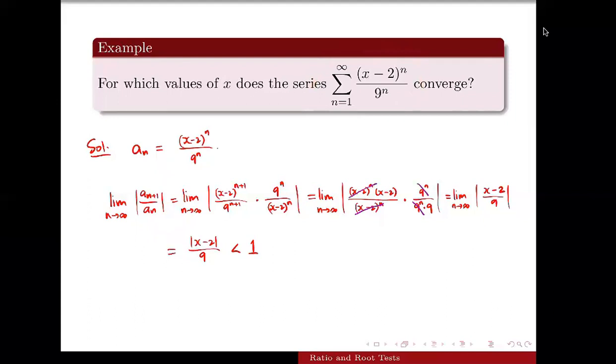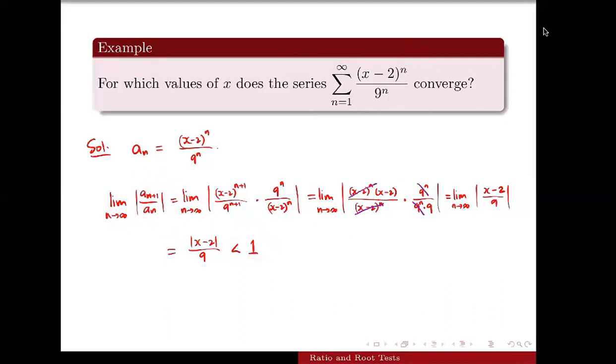Correct? If this guy here is less than 1, then the limit will be less than 1. And according to the ratio test, if you have the limit less than 1, therefore the series is convergent. Actually, absolutely convergent. Take note, it should be strictly less than 1.